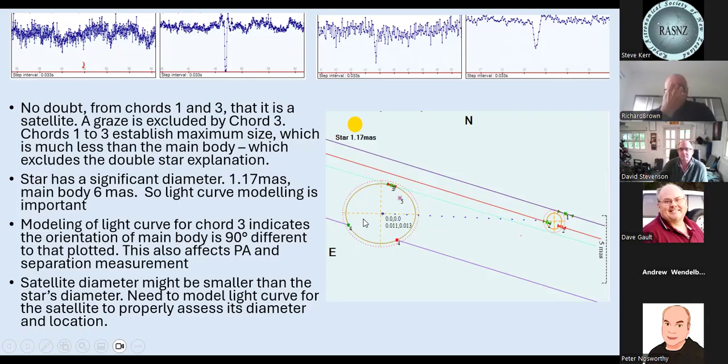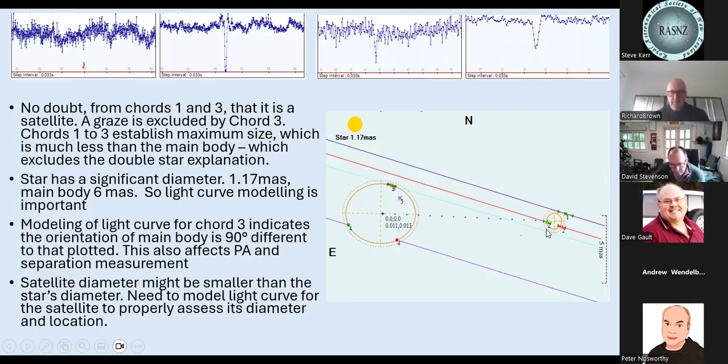And here we've got an issue that the ellipse can be oriented either that way or that way. And it looks like I can use the modelling of the star diameter to decide the orientation of this ellipse using that graze chord. And that makes relevance.